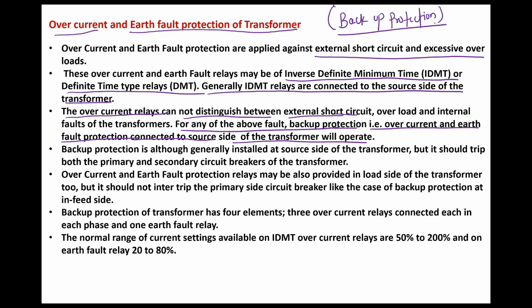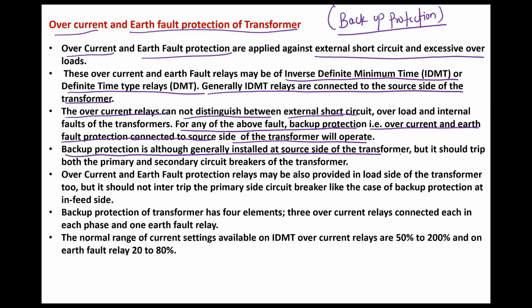They are there to take care of the main faults inside the transformer. For faults outside the transformer, that is on the primary side or towards the load side, we use these overcurrent and earth fault relays. That's why they are called backup protection.